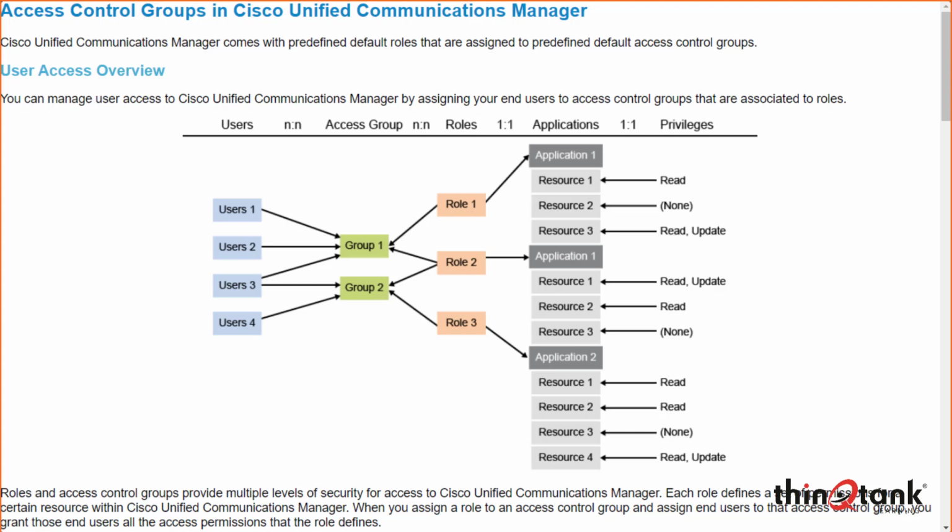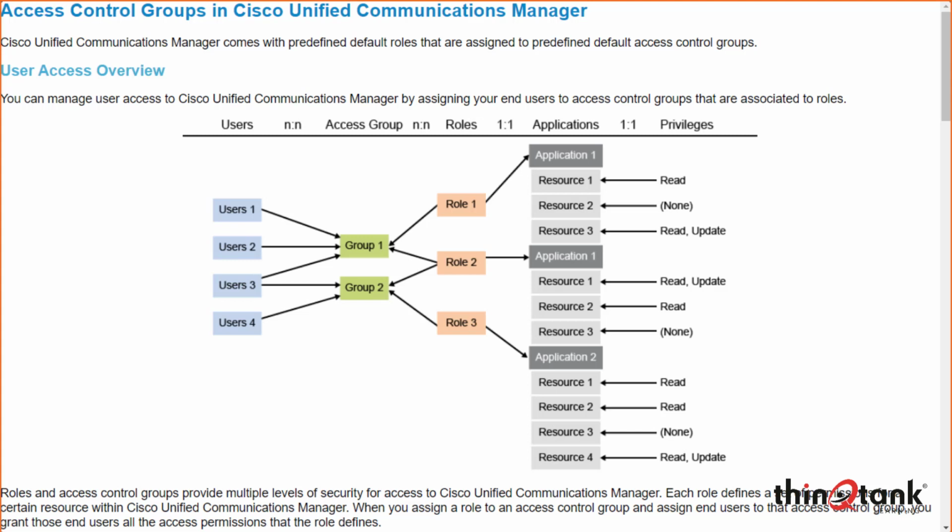All right. So it really depends on how you've established the configuration as to what resource or application that particular user has access to. This is more of a generic representation, obviously, of the structure.